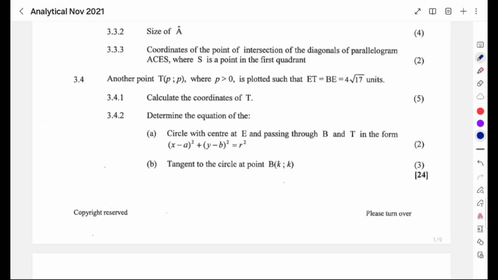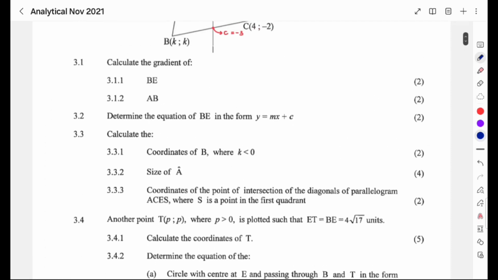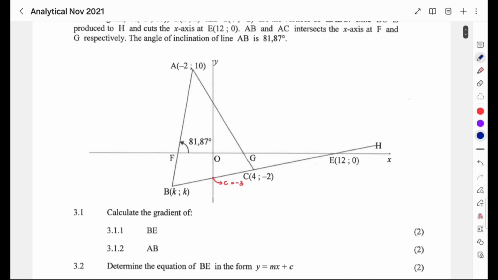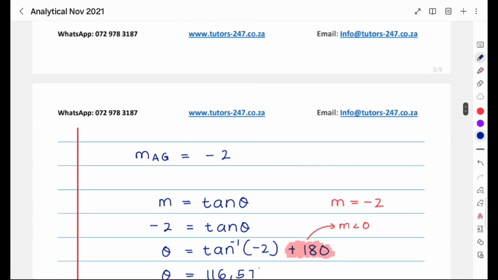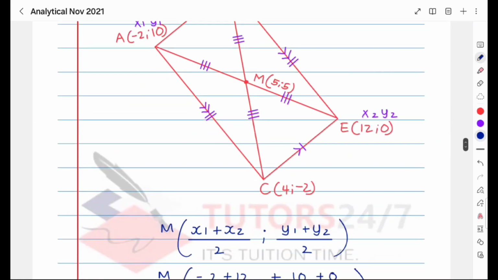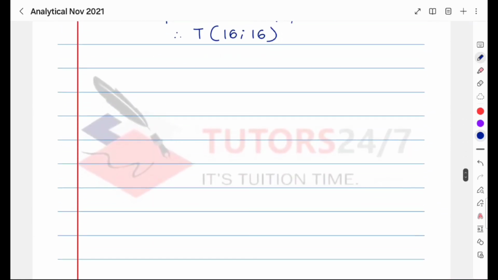So we need to determine the equation of the circle at E, and it's passing through B and T. Let's see. The circle is at E, meaning that the center of the circle is the point E, and it's passing through B and T. So B and T are points on the edge of the circle, or you could say the circumference of the circle. So if we were to draw this circle, let's actually attempt that.